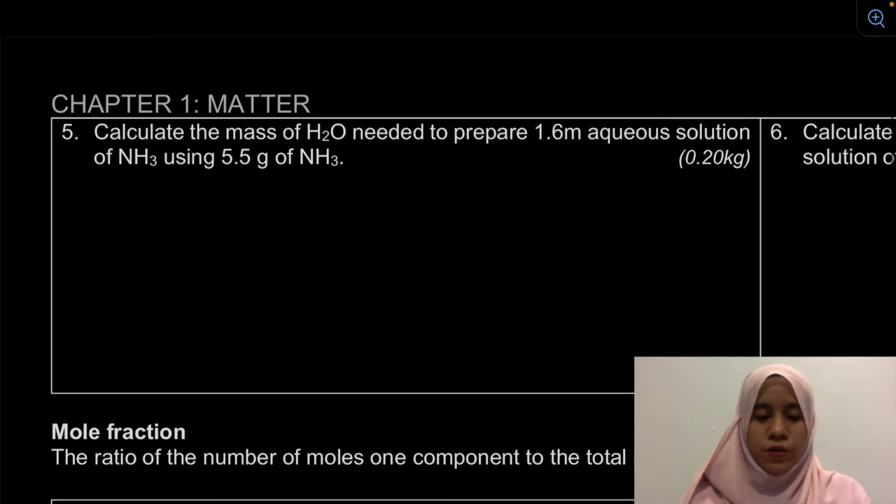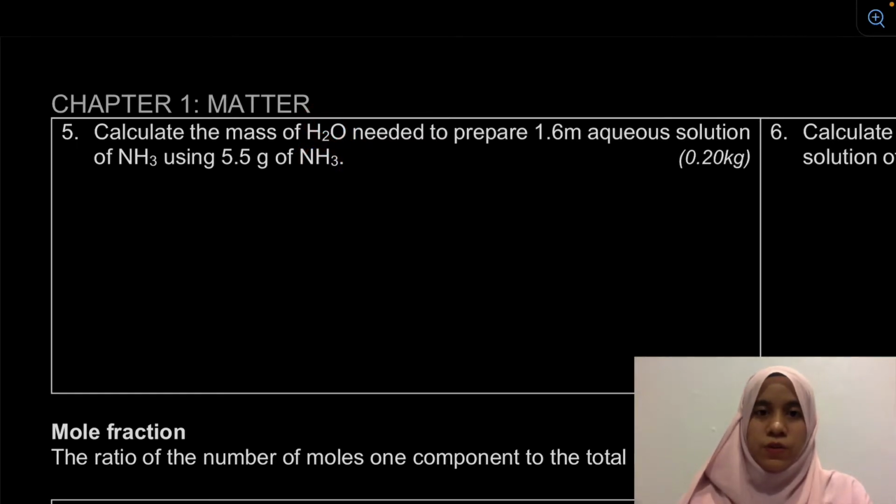They ask you to calculate the mass of H2O, or water, needed to prepare a 1.6 molal solution of NH3, which is ammonia, using 5.5 gram of NH3. So here we have two species, two molecules, H2O and NH3.